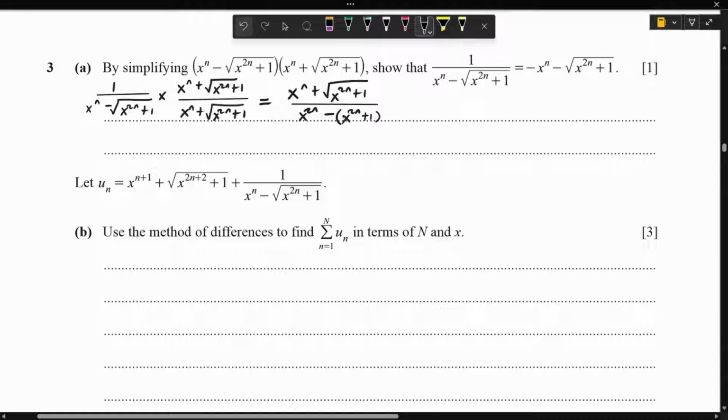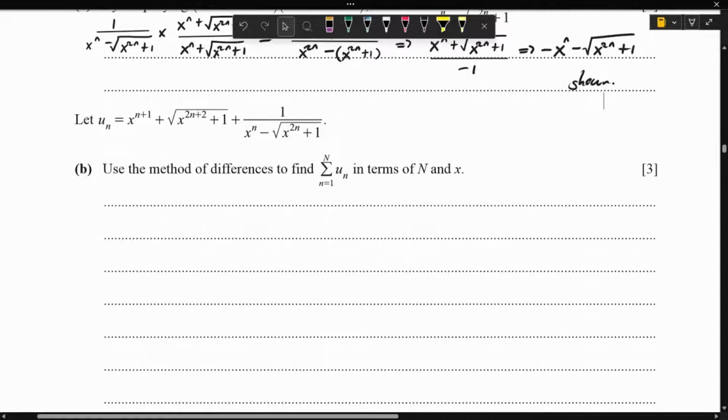Alright, so essentially this will give us on top x to the n plus the square root of x to the 2n plus 1, and the denominator here simplified gives us minus 1, which will then result in us having minus of (x to the n plus the square root of x to the 2n plus 1). And that's what they want us to show here. So I'll say here shown.